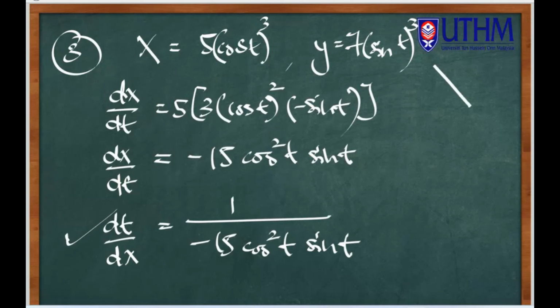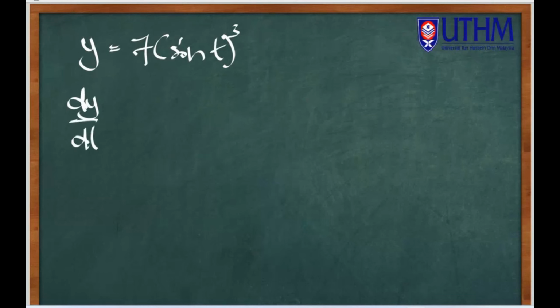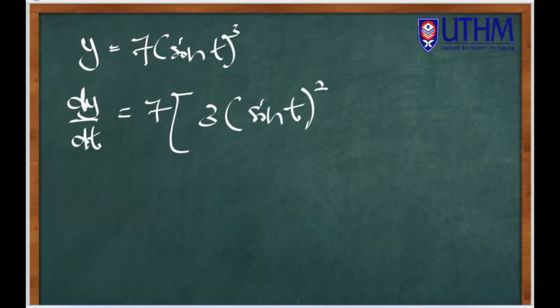Now we have to find dy/dt. So what is dy/dt? Let's move to another page. I'll just write back y equal to 7 sin cubed t. Now dy/dt will be 7 times 3 sin squared t, and then we need to differentiate inside: the derivative of sin t is cos t.